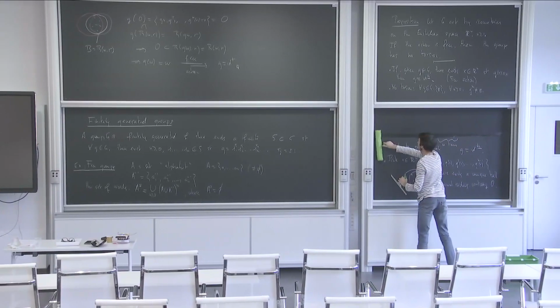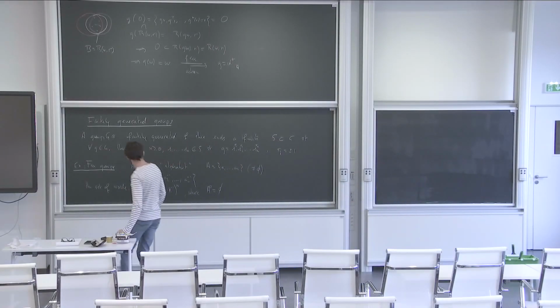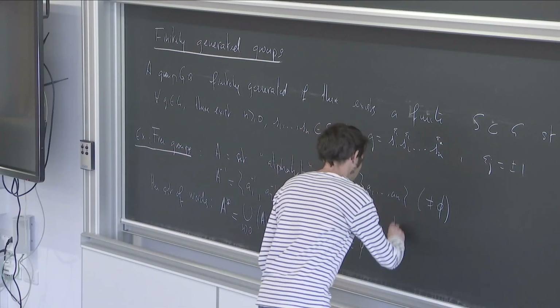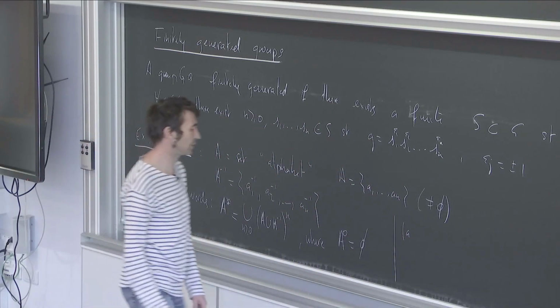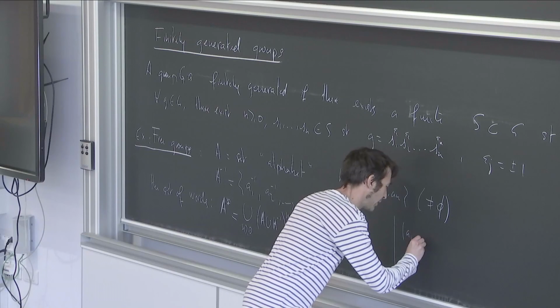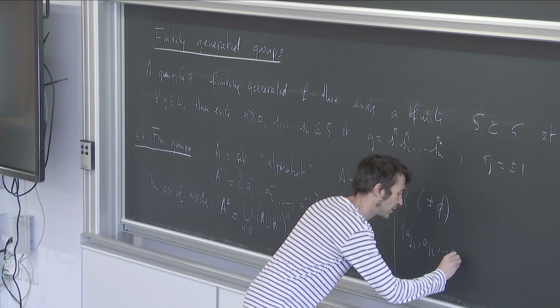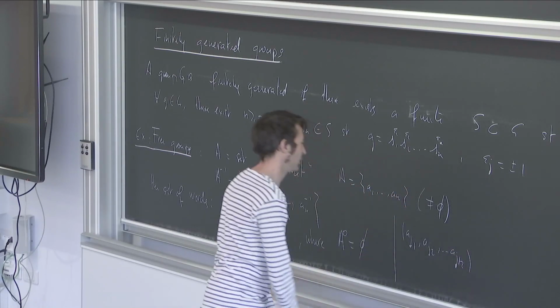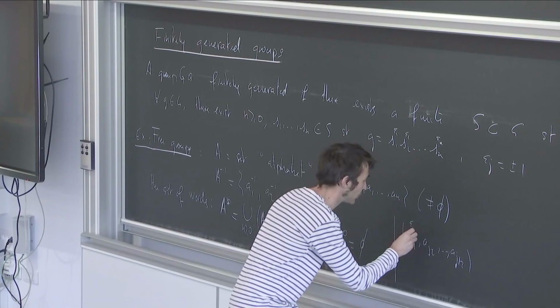Okay, so maybe let me just make a small comment here. Usually an element here, so it means that we are looking at elements of the form AJ1, AJ2, up to AJK, where you can have maybe some powers plus or -1.